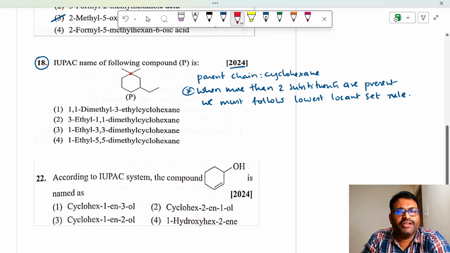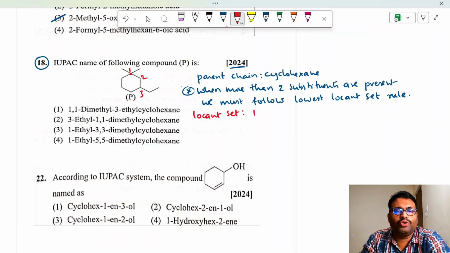We shall start from here. 1, 2, 3, 4, 5, 6. So let us not involve this 4, 5, 6 because there are no substituents at that positions. So one locant set, what you are finding? At the same first carbon atom, you are having two methyl groups, 1, 1, 3.